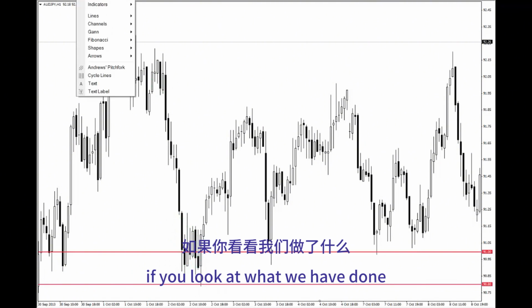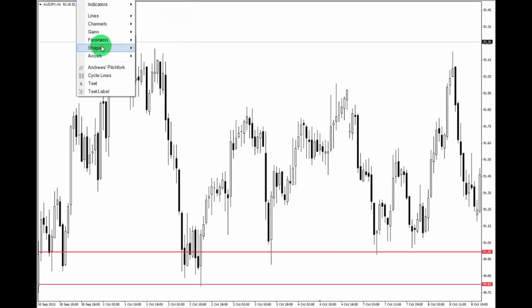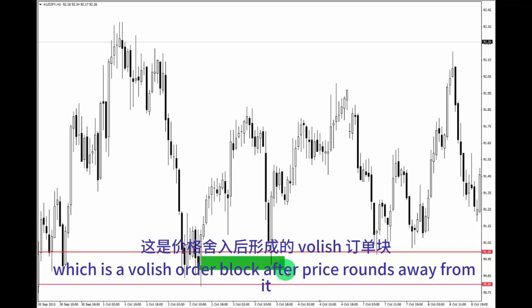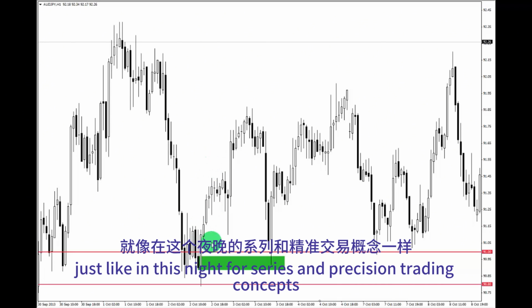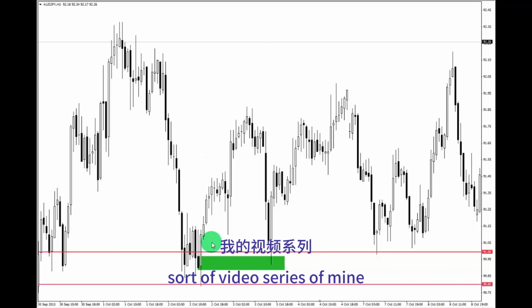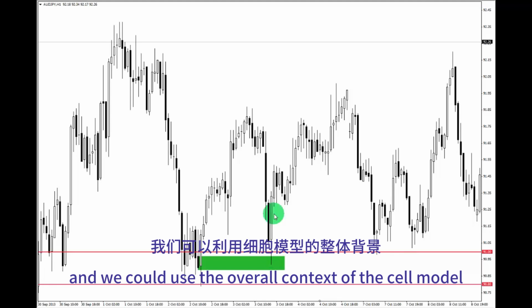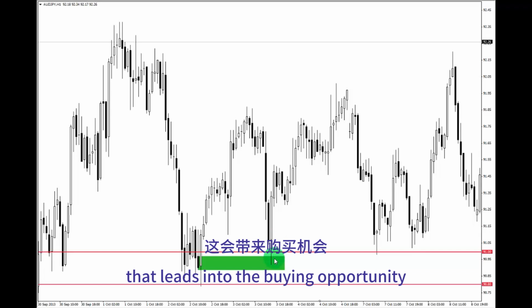If you look at what we have done, we moved right into an ICT bearish candle, which is a bullish order block after price rallies away from it. So the down candle prior to the move, just like in the sniper series and precision trading concepts video series of mine, we discuss this is an opportunity to be a buyer. And we could use the overall context of the sell model that leads into the buying opportunity.